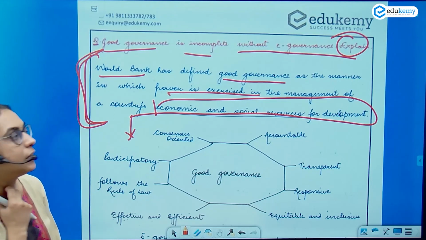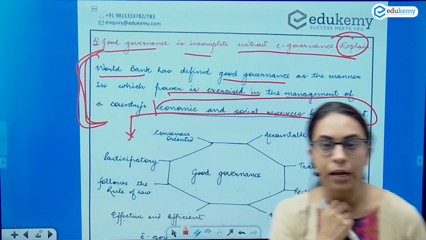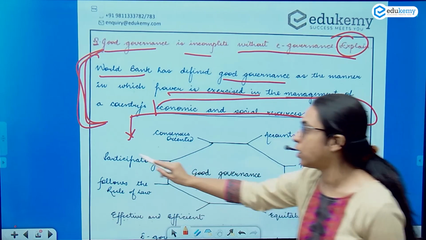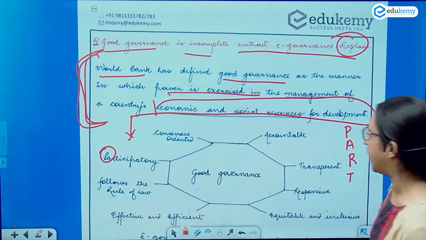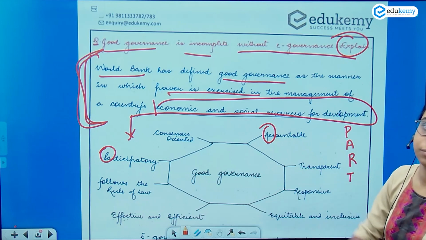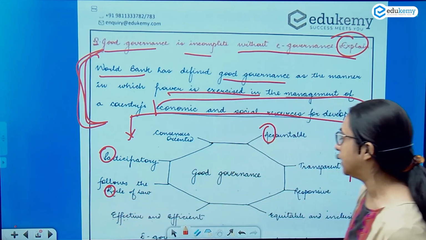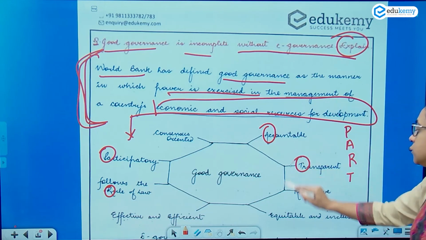What are the parameters? The parameters can be learned by a short form. The short form is PART-CEER. P stands for participation, A stands for accountability, R stands for rule of law, T stands for transparency.